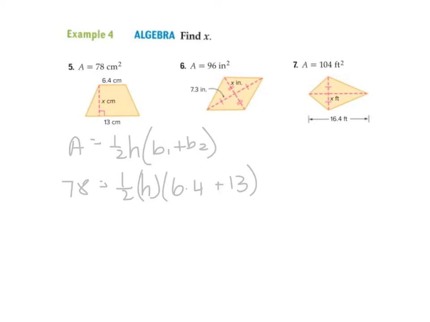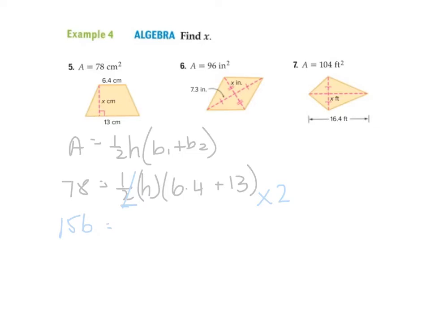Alright, so you know me, I like to get rid of things that I don't like, so I'm going to get rid of the fraction first. So if I multiply both sides by 2, the fraction will disappear. So 2 times 78 would be 156.